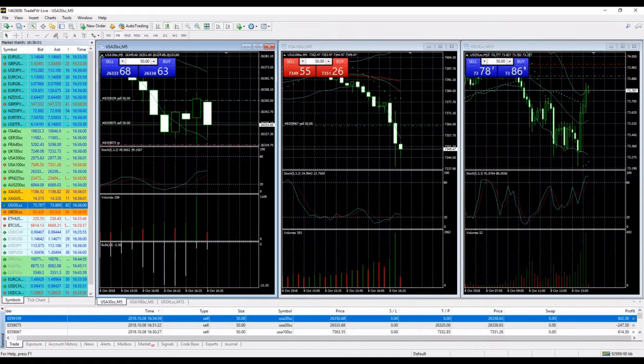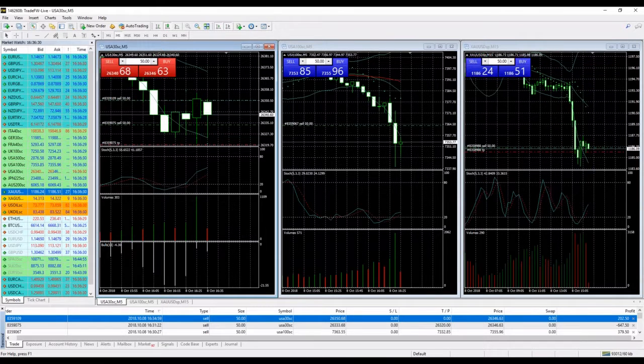Also on USA 100, we are making some money. I think the downtrend started to be a clear... No, I don't want to say something like that. It's not clear yet. But we will get there.